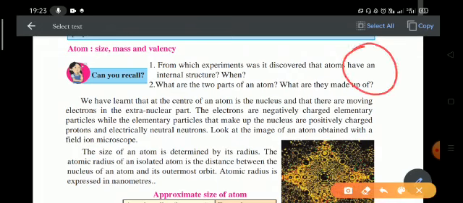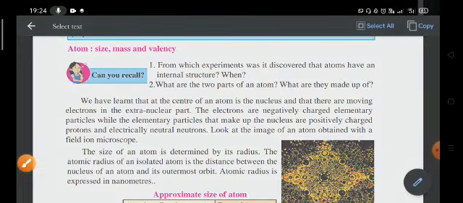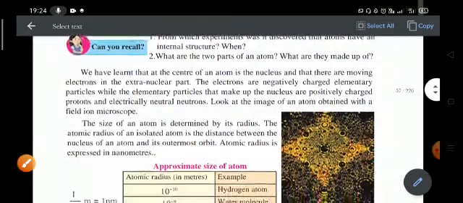In an atom, at the outermost shell, electrons are present, whereas in between, the nucleus is present, which comprises positively charged particles, whereas the electrons are negatively charged elementary particles. Look at the image of an atom obtained with the field ion microscope.